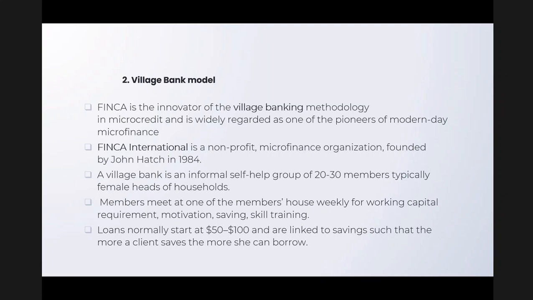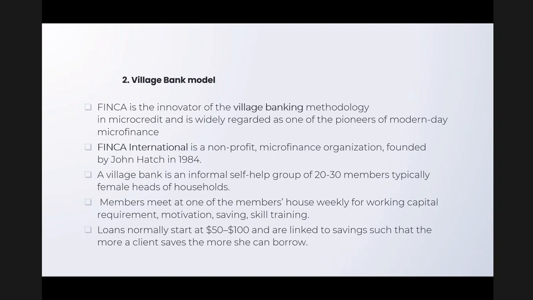So in this model, what happens? A team of 20 to 30 members is formed at a village level, consisting mainly of female heads of households.